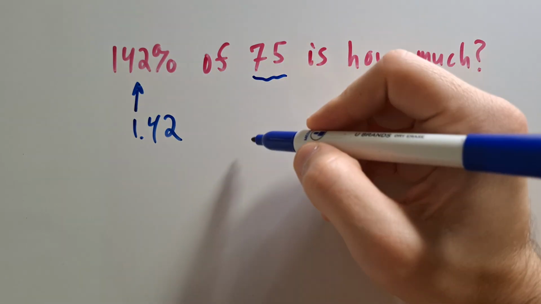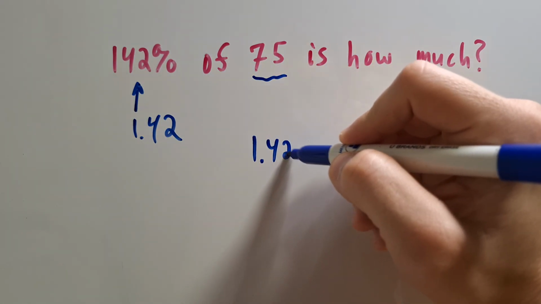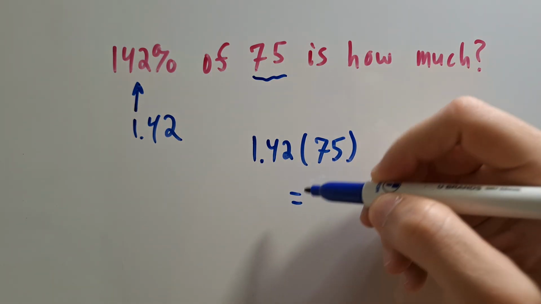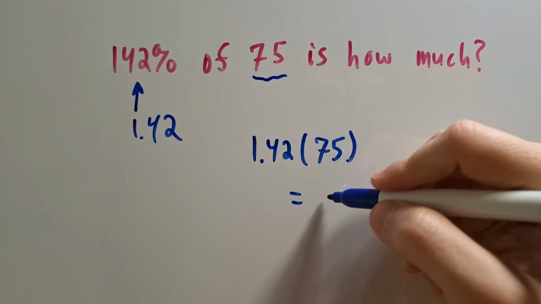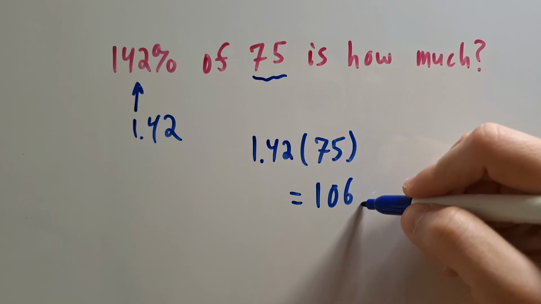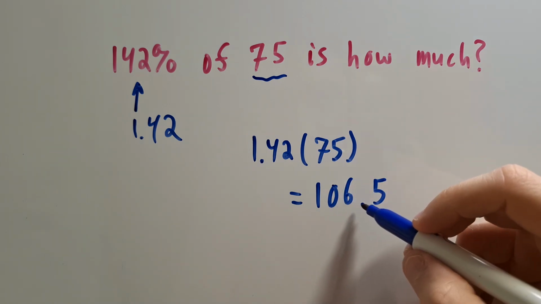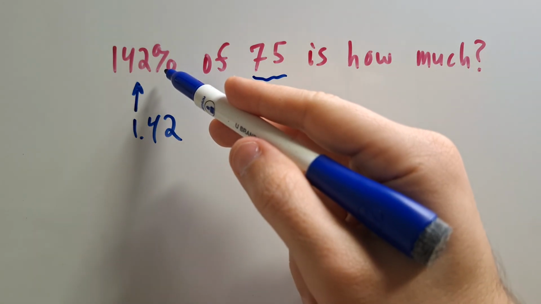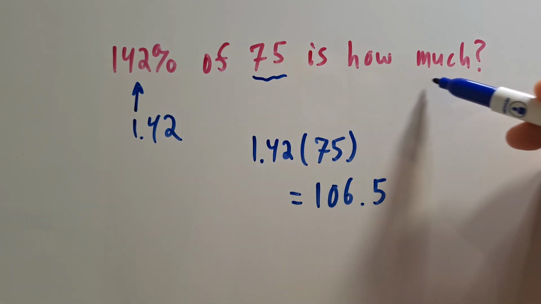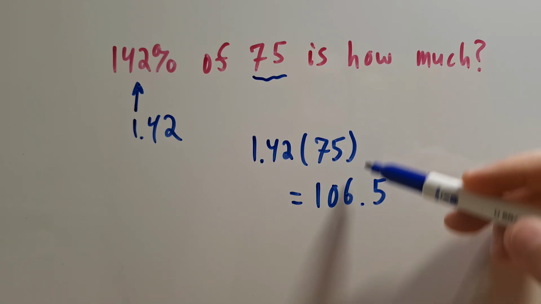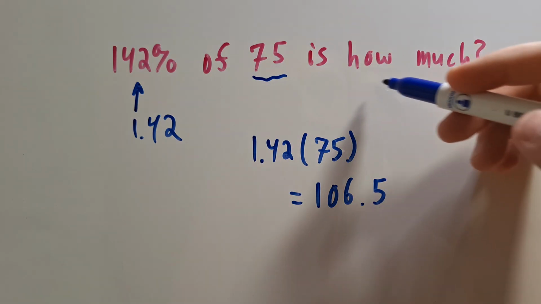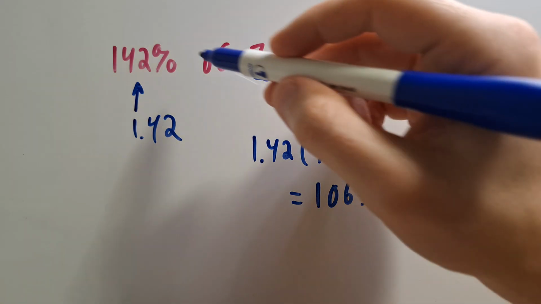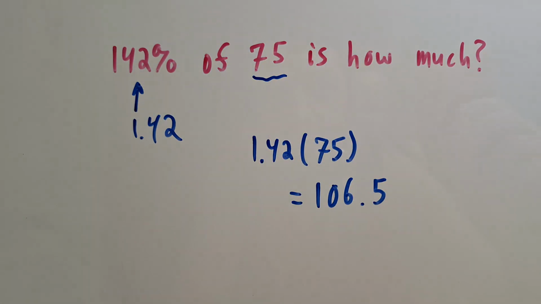So we're going to multiply those two numbers together, which gives you 106.5 or 106 5/10. The percent exceeds 100, so we can expect the final amount to be larger than the base value, because here we're solving for the part. The part here is bigger than the whole because the percent exceeds 100%.